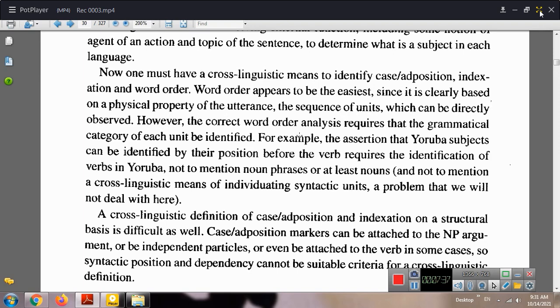However, the correct word order analysis requires that the grammatical category of each unit be identified. For example, the assertion that Yoruba subjects can be identified by their positions before the verb requires the identification of the verbs in Yoruba, not to mention noun phrases or at least nouns, and not to mention cross-linguistic means of individuating syntactic units, a problem that we will not deal with here.